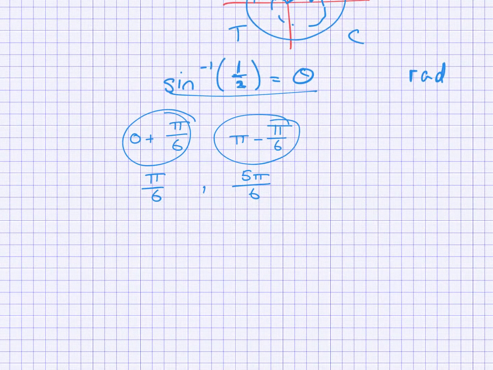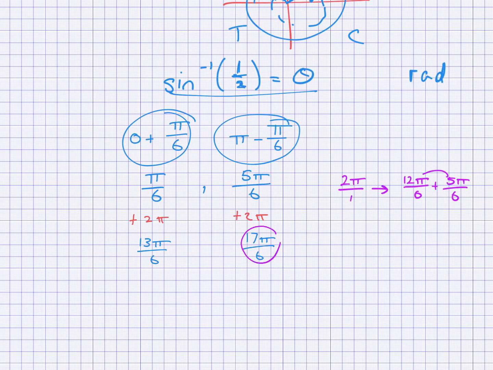To reach the next 2, I just add 2 pi to each of them. So 2 pi plus pi on 6 is going to give me 13 pi on 6, and 2 pi plus 5 pi on 6 is going to give me 17 pi on 6. If you're not sure how I got them, 2 pi on 1 converted to over 6 is 12 pi on 6, plus 5 pi on 6 makes 17 pi on 6.